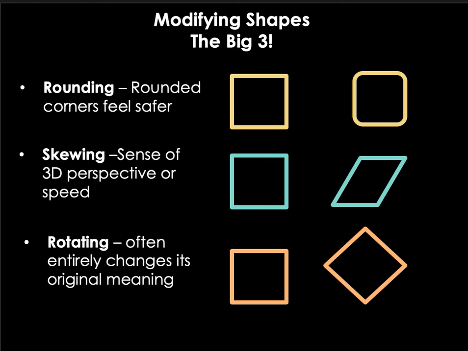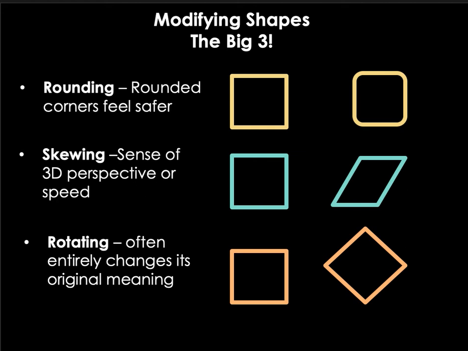It's a more inviting shape, and that's why we have so many icons, so many apps, so many buttons that are rounded. Look at the keys on your keyboard right now. Those aren't sharp edges. Generally, we think of a sharp edge as dangerous. So a rounded edge is more inviting.